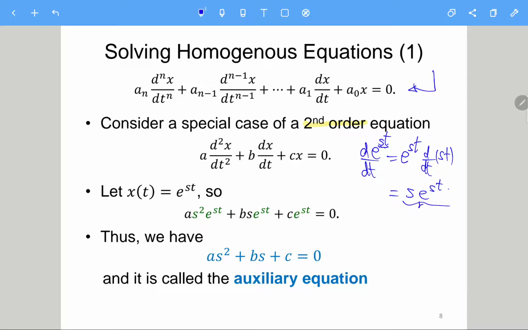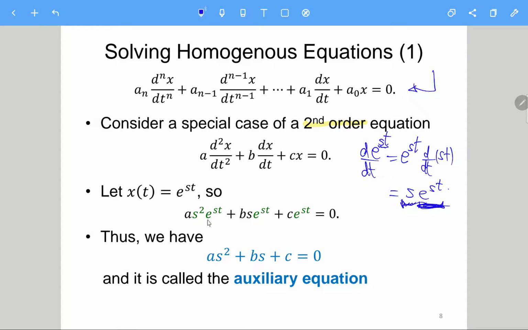So you have the original function itself, as well as this s. This s will be useful, so we can just put it here. For the second derivative, we have s squared times exponential st. For the first derivative, we have s times exponential st. Of course, this is the original equation.